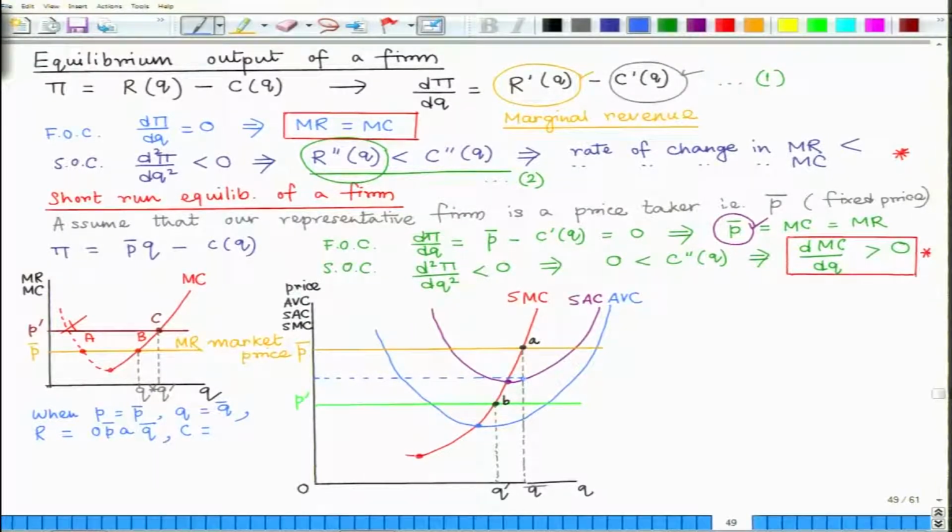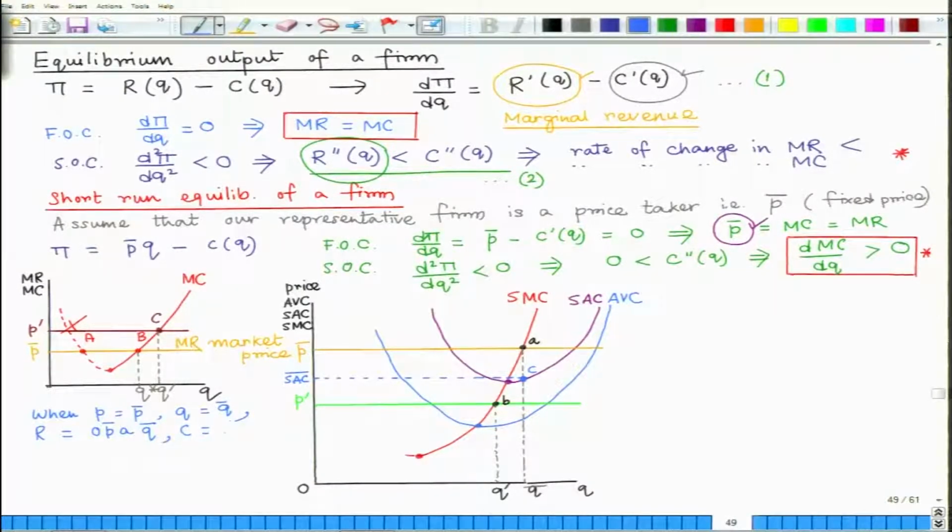So basically I have to read the short run average cost value from the short run average cost curve for that particular output level, and then let me say that this is point C, and we are talking about some short run average cost level SAC bar, right.